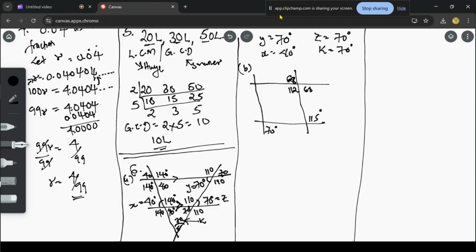That gives me 112. Again, this is supposed to be 112 degrees. This is also an angle on a straight line, so this one will be 180 minus 115. This will be 65. And also this one will be 65. And also this one will be 115.